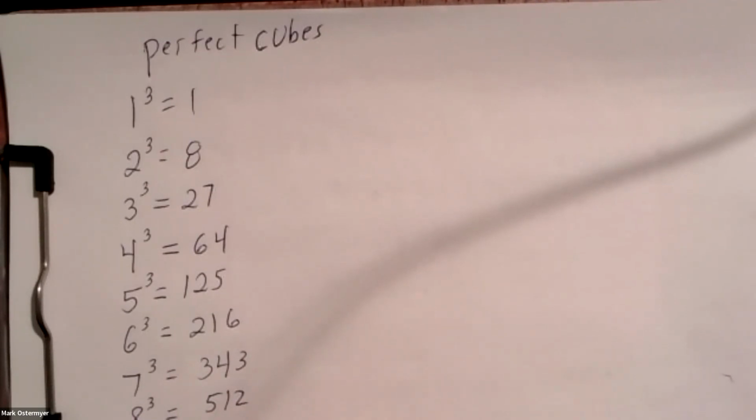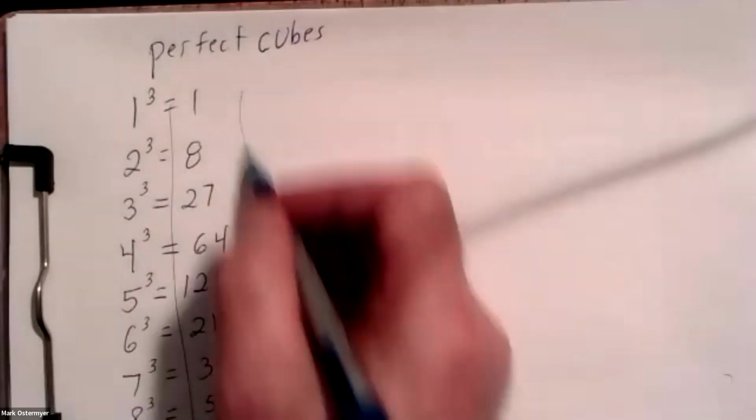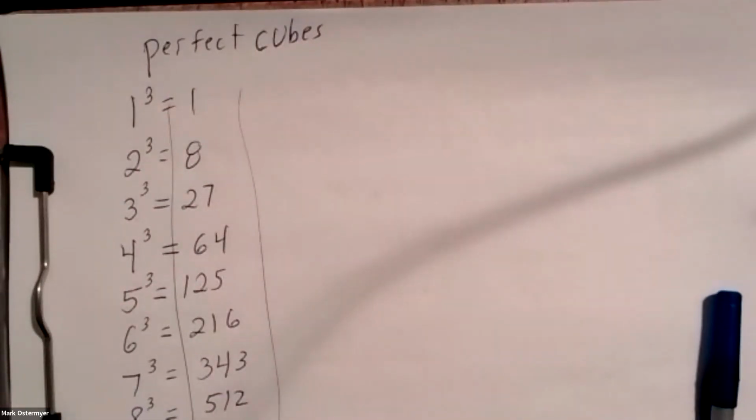Finally, 10 cubed. 10 times 10 times 10. What does that give you? That gives you 1,000. Okay. And on this goes. I don't think we have to list any more. These are the first 10 perfect cubes.